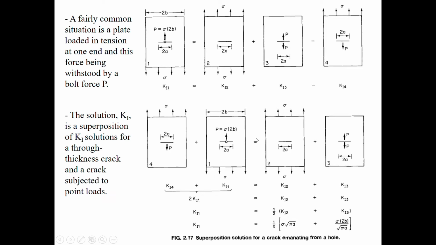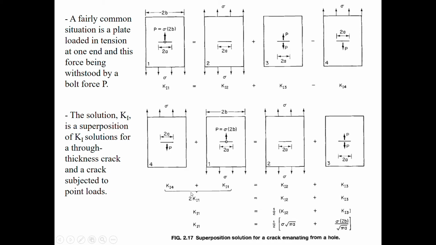Is this actually equivalent to a plate where you pull by both sides, and you have a crack in the middle, plus a crack where you have two P force acting on the bolt force? So the stress intensity factor for this case is actually equivalent to this case plus this case. Later on, you just need to substitute both of the situations.